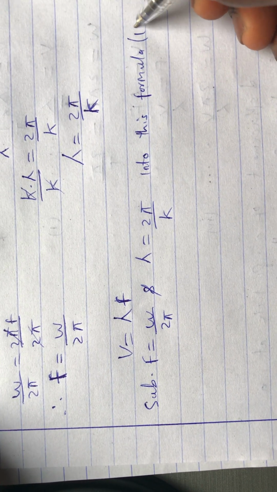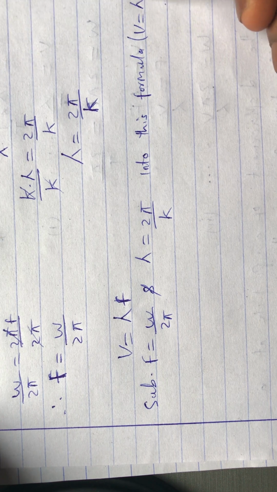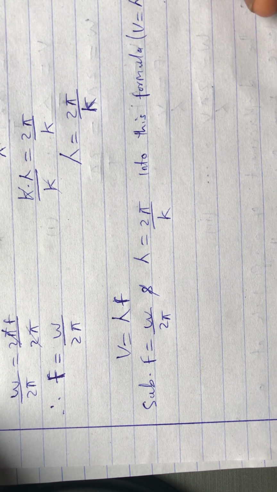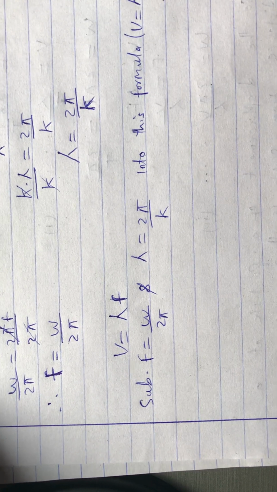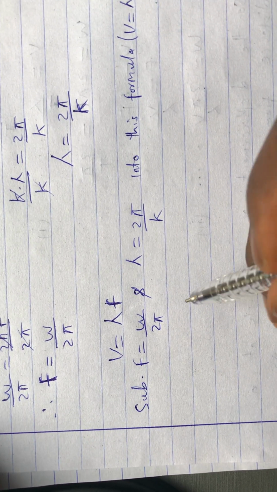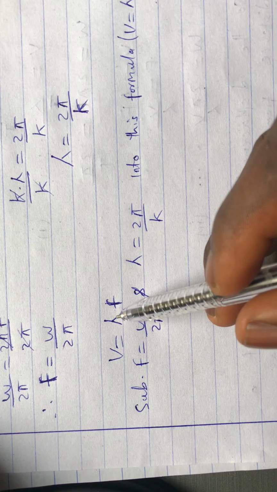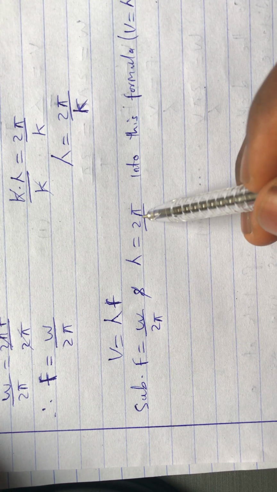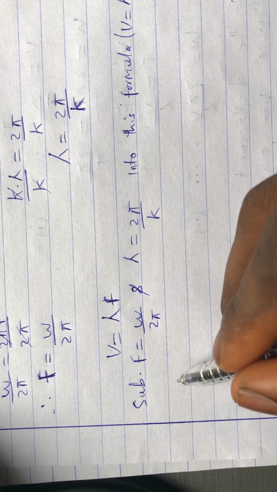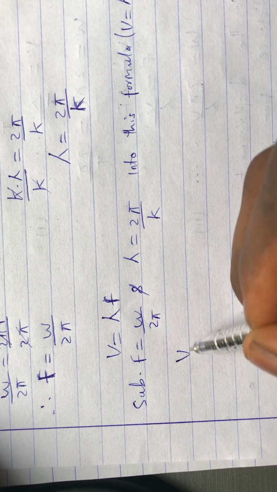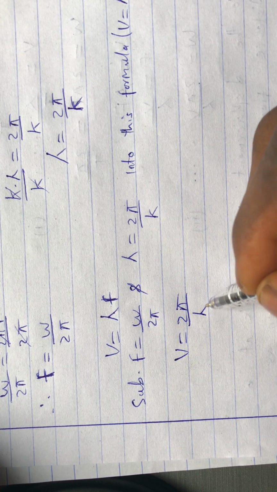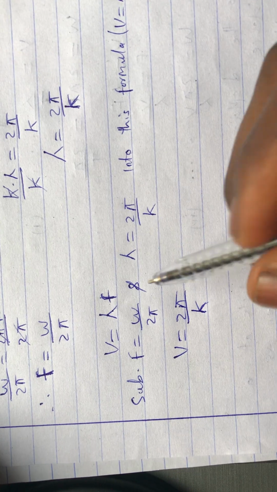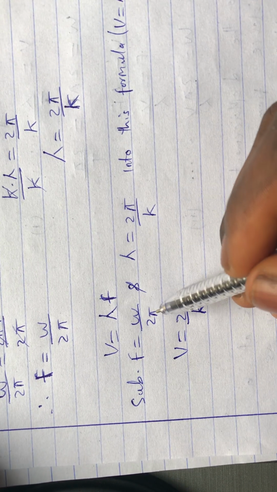Which is actually V equals lambda times f. Listen attentively. When you see lambda, you put your 2 pi all over K. That means V will be equal to 2 pi all over K. When you see f, you put your W all over 2 pi.